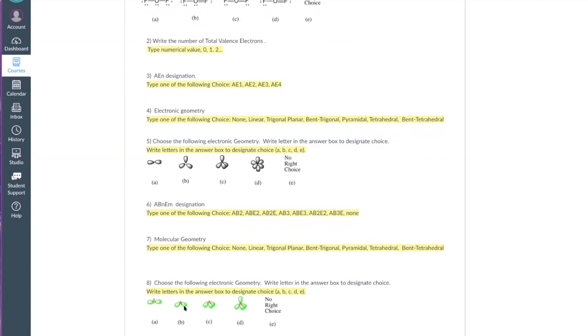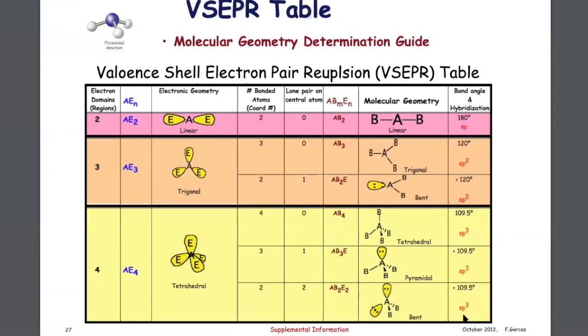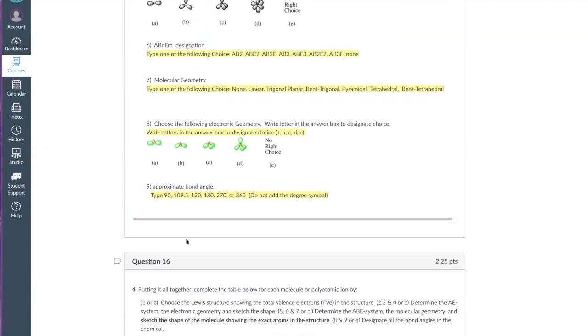And that would be this right here, bent. And then the approximate bond angle, go over here and you can see that bent tetrahedral, it's about 109.5. So that's what you want to write down over here, about 109.5. And then you're done. It's pretty easy once you get the hang of it. So that is your activity.